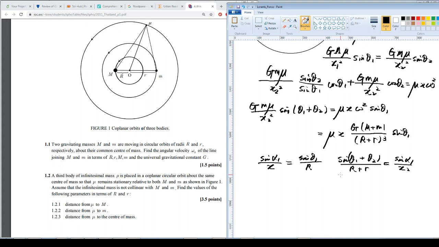I guess one can also do a plug-in, maybe, since at this point we know sine alpha 1 is sine theta 1 times x over r, divided by x2. So now we can use that.